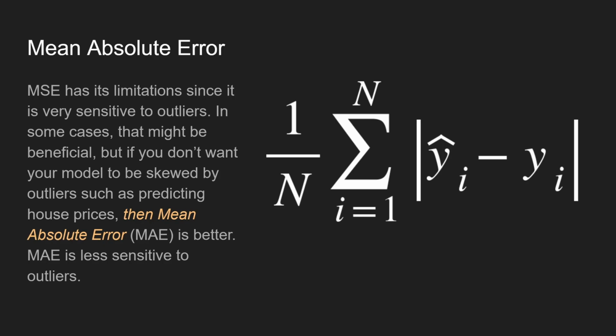In that case, mean absolute error is actually better since it's less sensitive to outliers. And this formula is pretty much the same, except that we take the absolute value instead of the square, right?